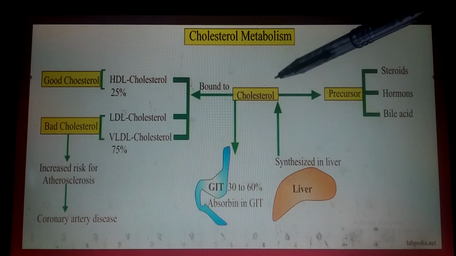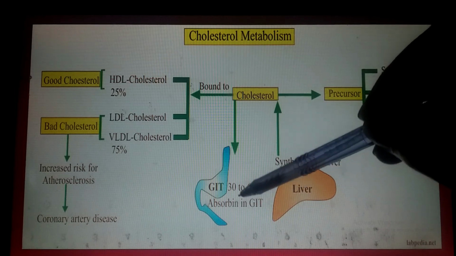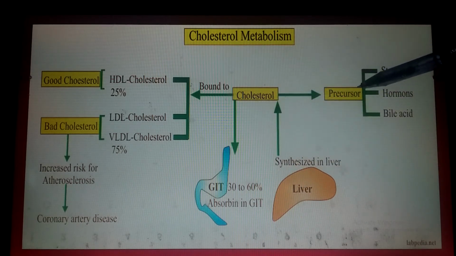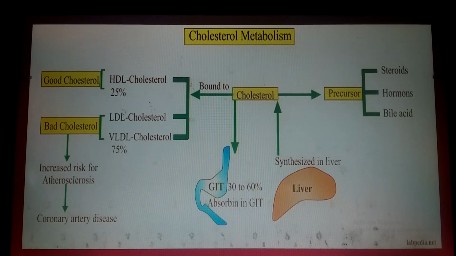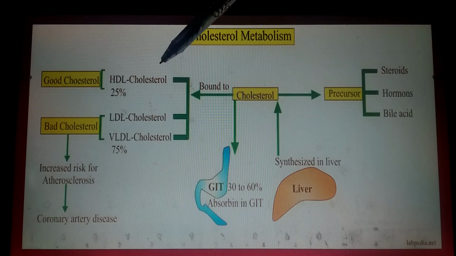And you can see here, some cholesterol is 60% absorbed here, and some of the cholesterol is used as a precursor for the synthesis of the steroids, hormones, and bile acid, etc. And on the other hand, you can see here, this cholesterol is converted into HDL, LDL, and VLDL.